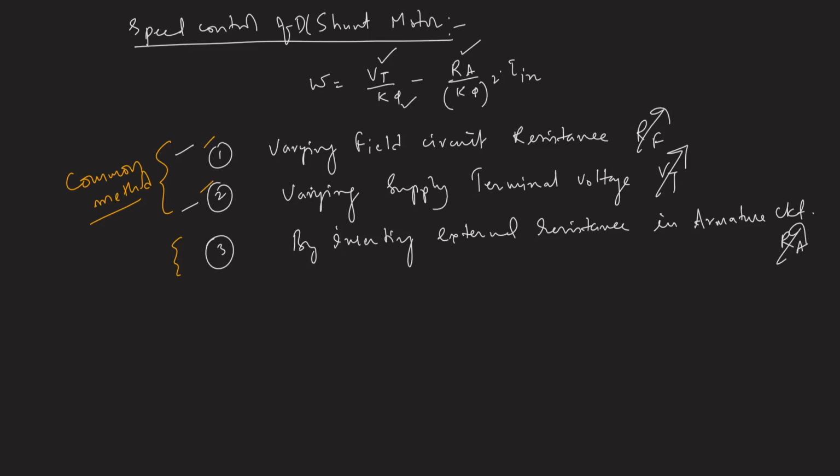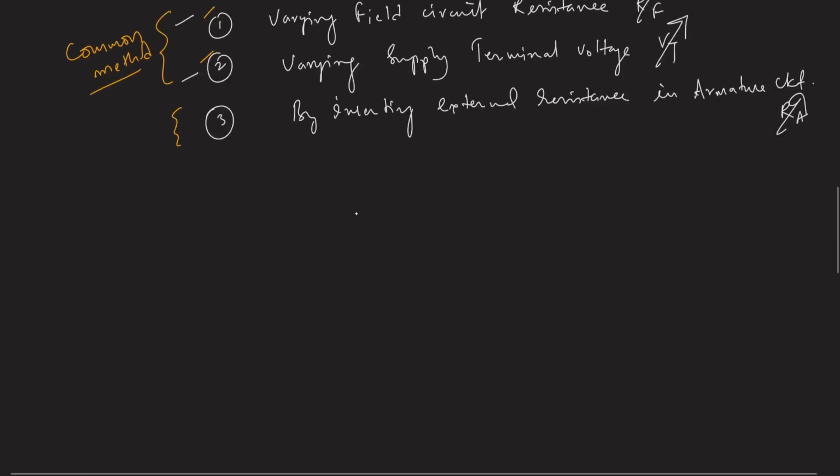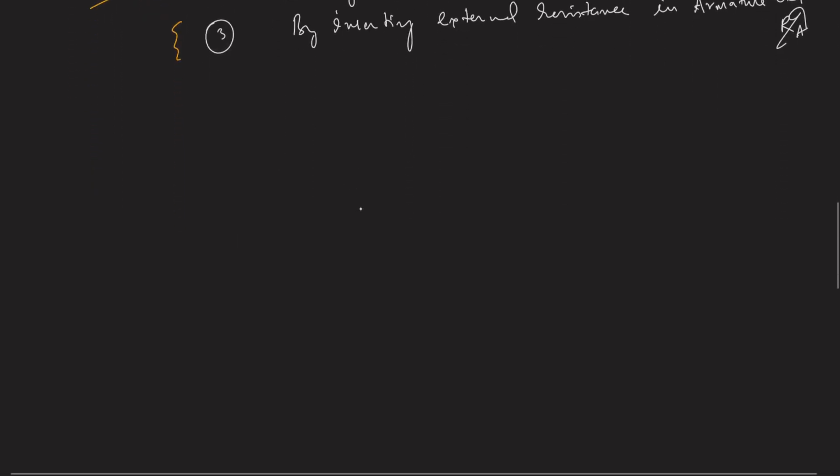Now let us discuss the first method, change in field resistance. So we will be keeping an external resistance in series with the field.